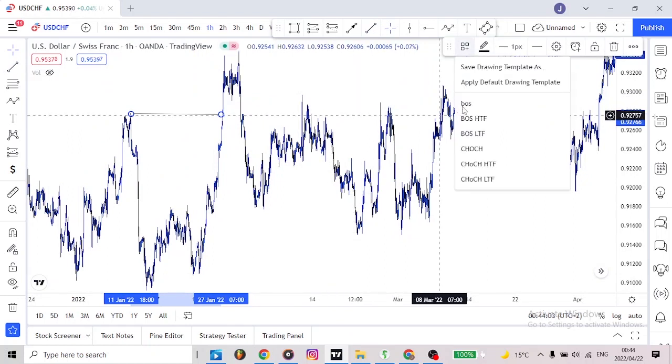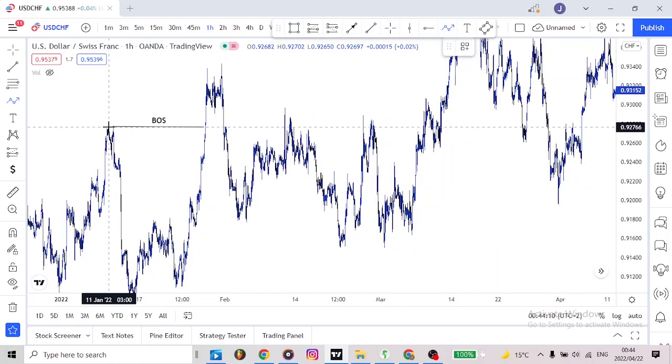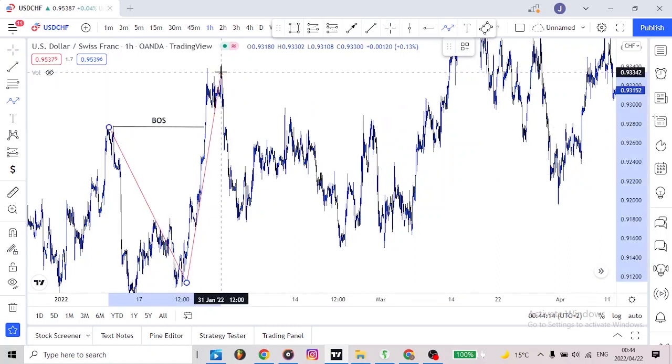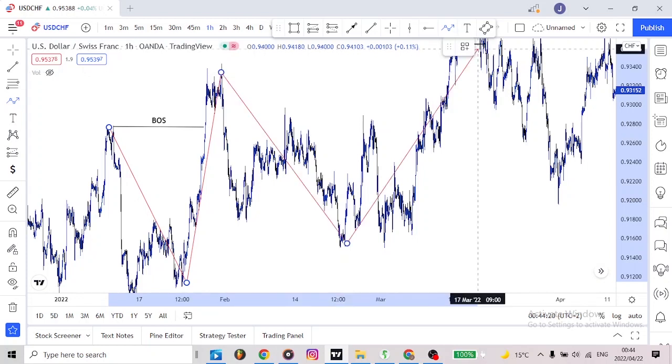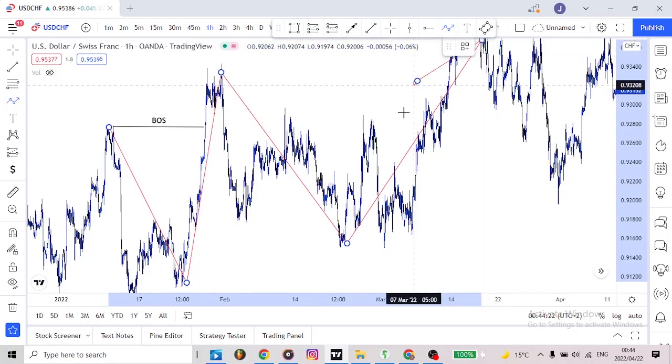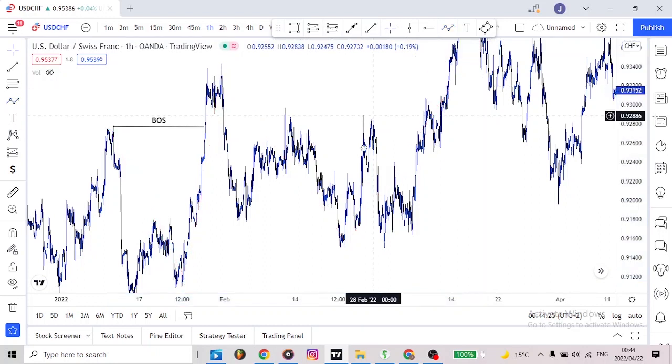We continue going to the upside, we pushed back, we had this here, a push breaking structure, we pushed to the downside, and then we had a push to the upside. So this here is a break of structure.